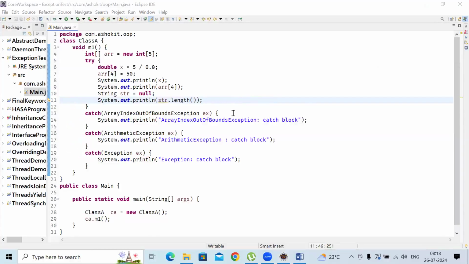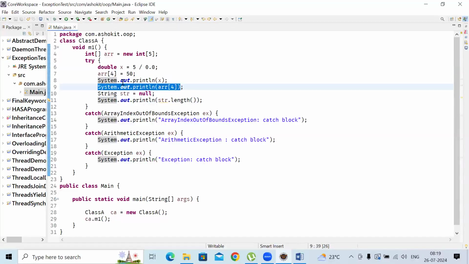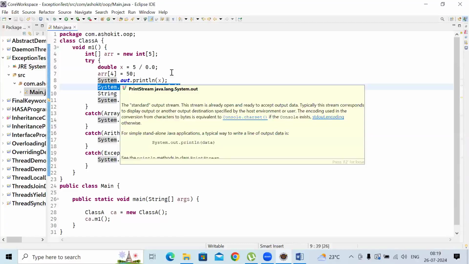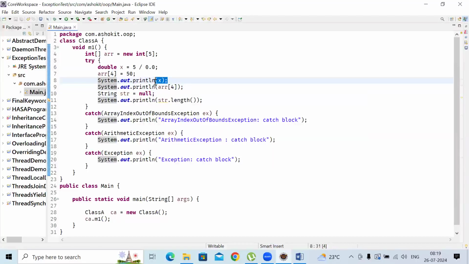Could you tell me what the output of this code is? The exception catch block. The exception occurred at line number 11, right? But at line number 8, there is one SOP. At line number 9, there is an SOP. These statements are displayed, na? Yes. What's the value of x displayed? Infinity.